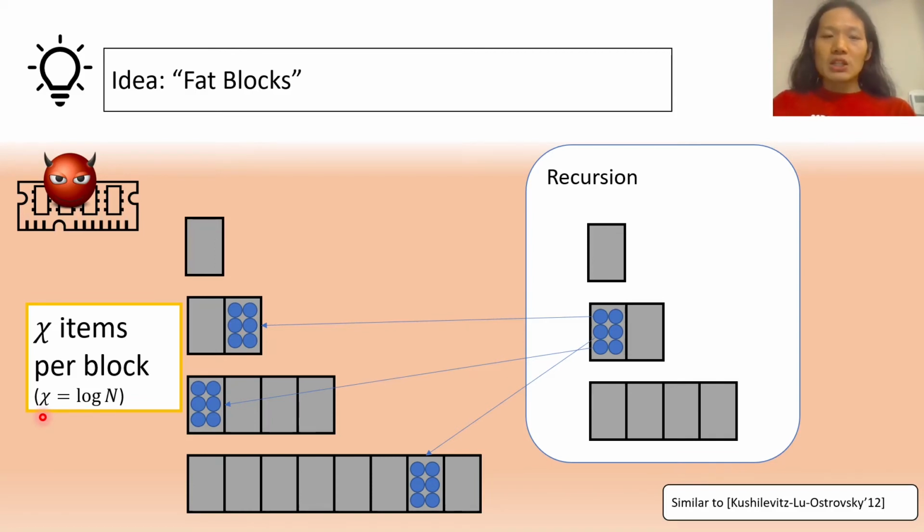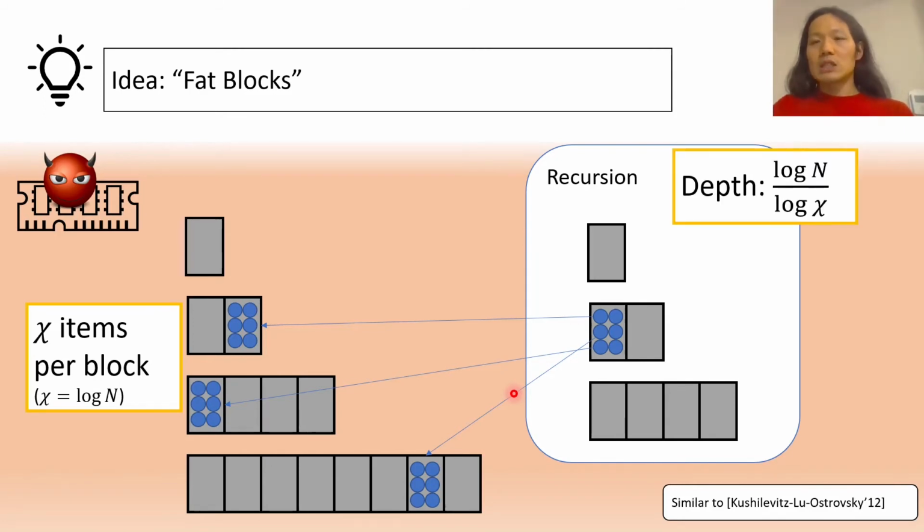The point is, the greater the parameter chi, the more the recursive position map is reduced by a larger factor. So the number of recursion depth is smaller. It is now log n base chi, or log n divided by log chi.